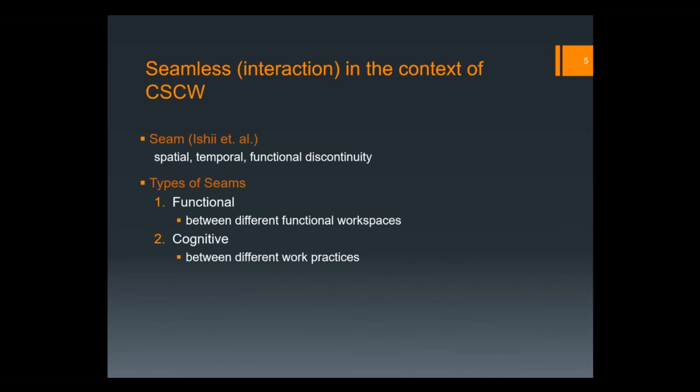The functional seam is between different functional workspaces, different work areas, different tools. The cognitive seam is between different practices, the way in which we do the same work but using a different type of thinking. This will become clearer when we get some examples.